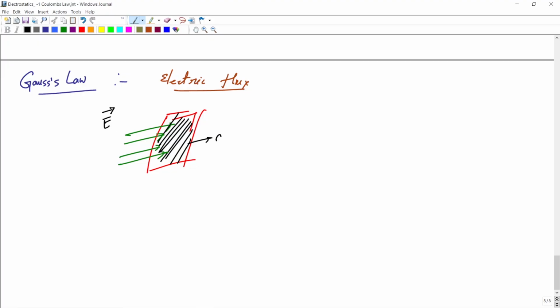Suppose this surface element is dS. Then the electric flux, phi, is equal to the closed surface integral of E dot dS. That's the electric flux.